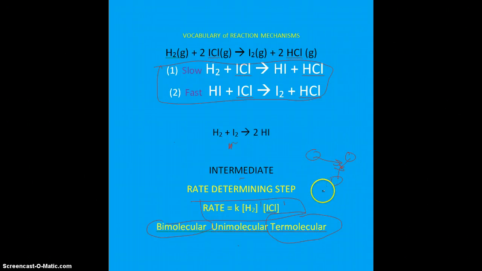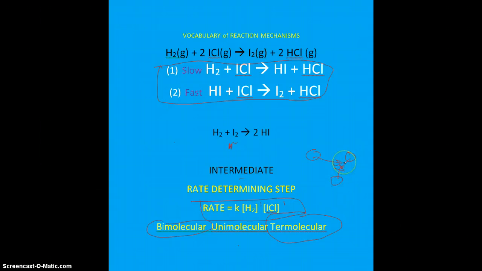And the chances of that are so unlikely, very few mechanisms operate by any form with termolecular collisions. And even if they did, they would be very slow reactions because the likelihood of successful collisions would be very small.